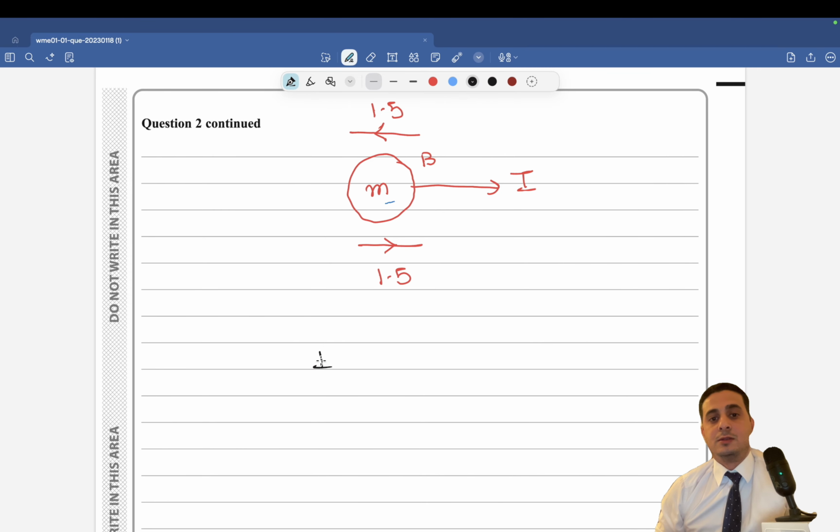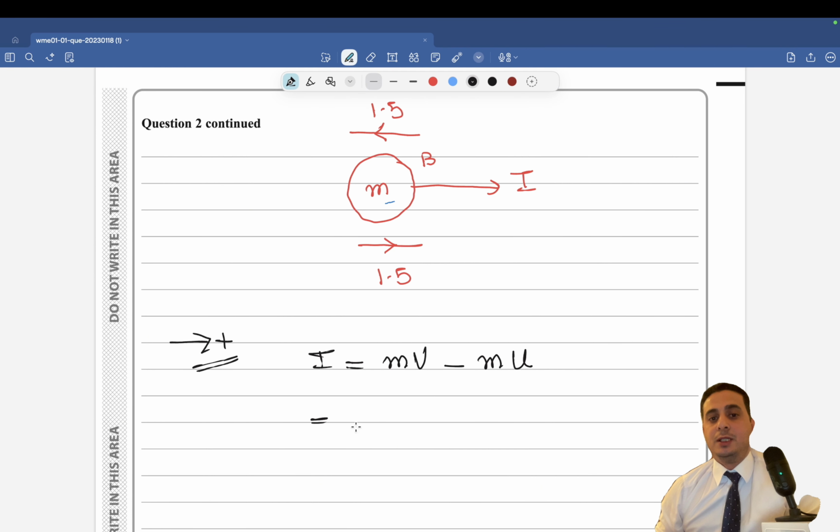The impulse is the change in momentum, so it will be the momentum after the collision, which is mv, minus the momentum before the collision, which is mu. The direction also is very important. The impulse is acting to the right, so I'm taking the right side as my positive direction.